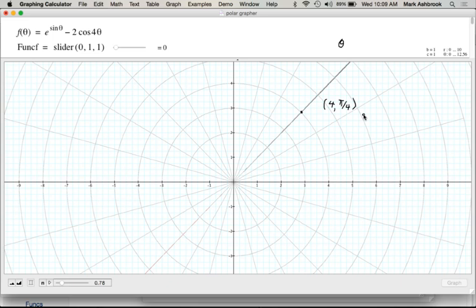What does the x coordinate of that point mean? Catherine, tell me about the x coordinate.